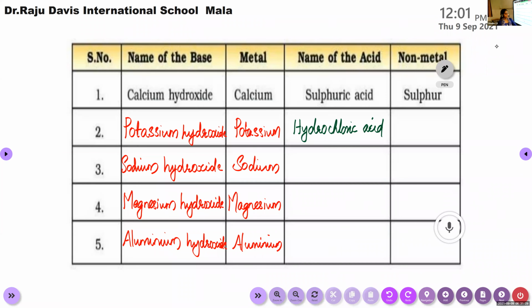So Adityan, please think. What's the other thing present in this hydrochloric acid? Chlorine. Yeah, it's chlorine.